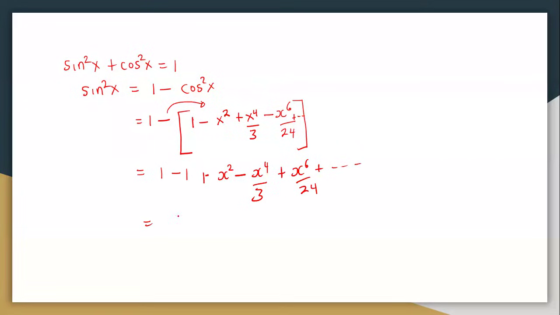So 1 minus 1 is 0. So we end up with x squared minus x power 4 out of 3, then plus x power 6 out of 24, then plus plus. So that is how we deal with such a series.